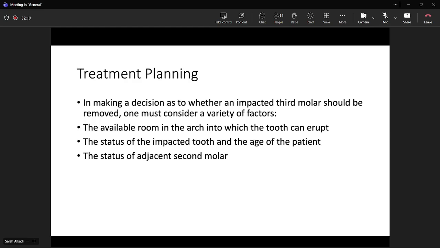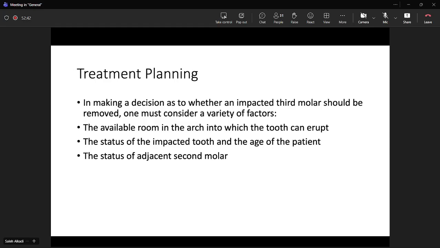In treatment planning, you consider these factors: Is there room in the arch for this tooth to erupt or not? What's the status of this impacted tooth? Is it carious, or a healthy tooth without any problem? Is the angle of this tooth favorable? The age of the patient. So you start to predict whether this tooth may erupt or not.